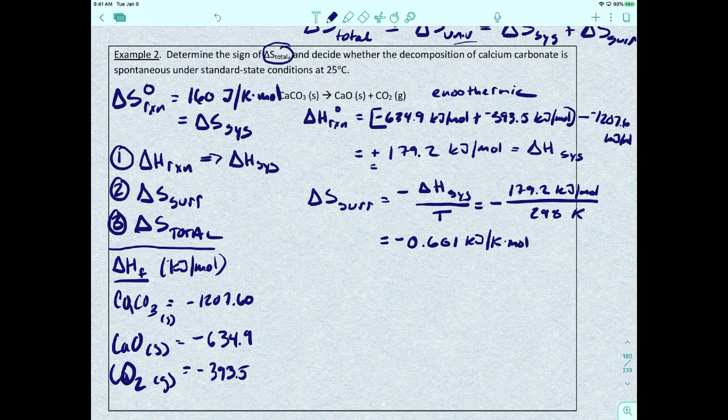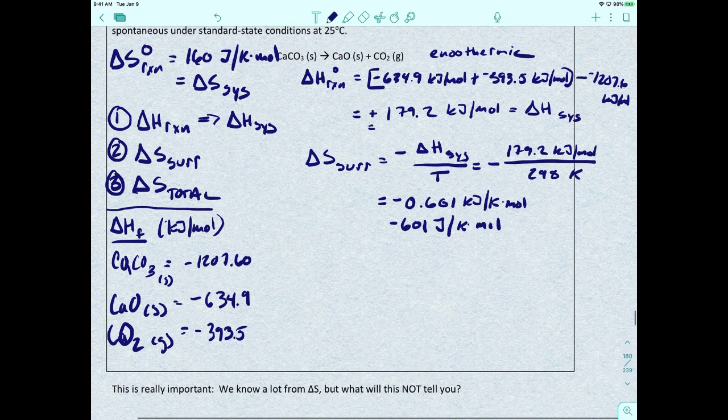Now, keep in mind, we've got to keep the units right. We're in kilojoules. Entropies are reported using joules, so we have to convert this to joules. So that should give us a negative 601 joules per K mole. All right. So that is our entropy of surroundings.